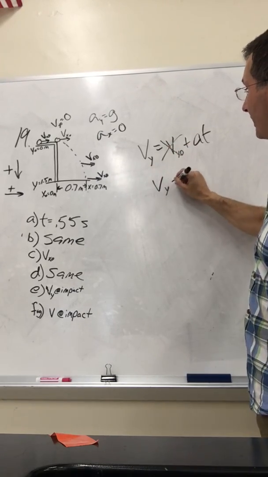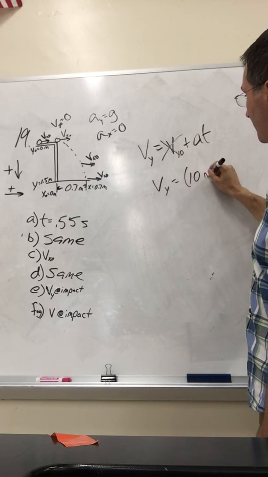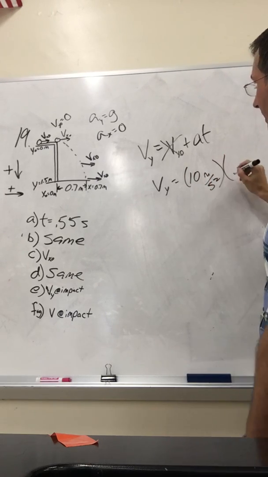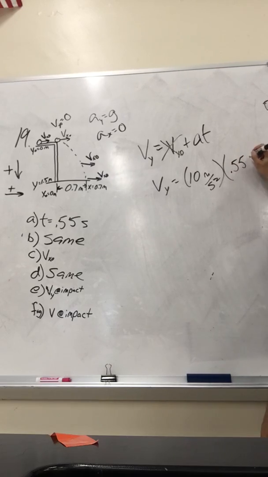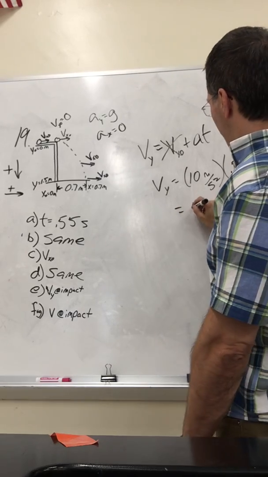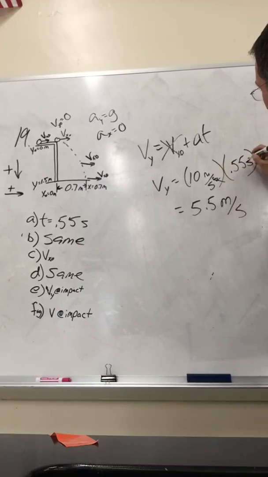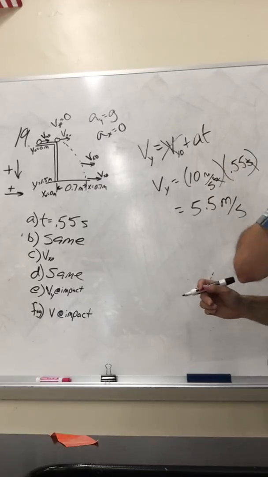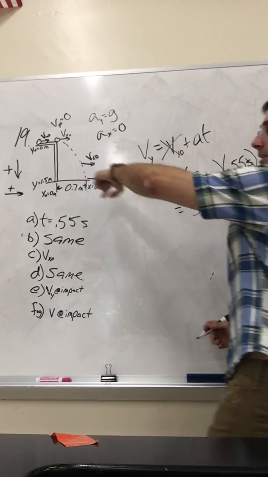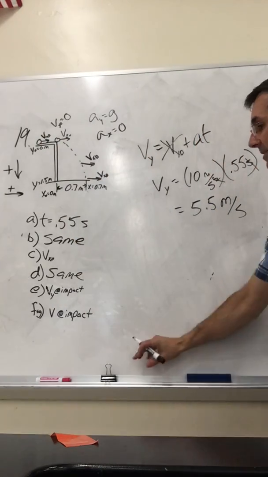So v sub y would equal 10 meters per second squared for the 0.55 seconds we already found. So that's 5.5 meters per second. One of these seconds cancels out. Also remember, I didn't say negative because I defined downwards as my positive direction.